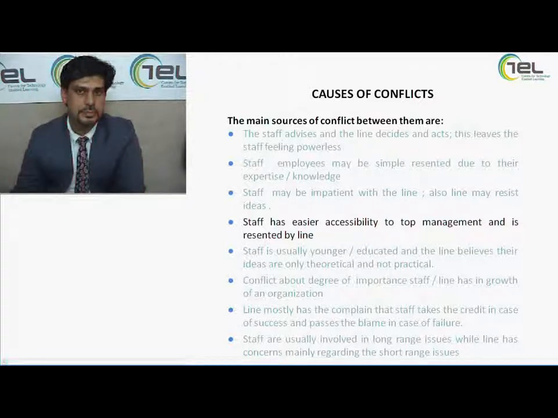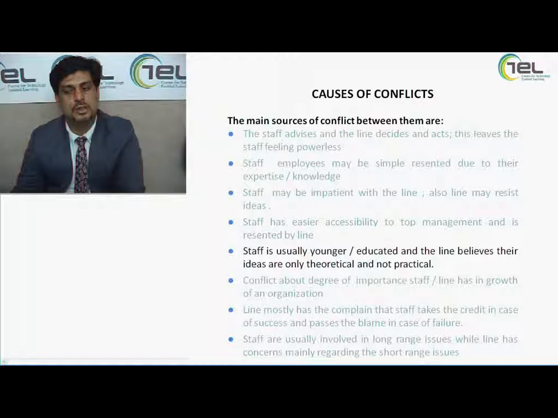The reason being, management is ever looking at improving the organization, while the line is always feeling that they are the people who are doing the job and still do not have access to the management directly. Staff is usually younger and educated, and line believes their ideas are only theoretical and non-practical.